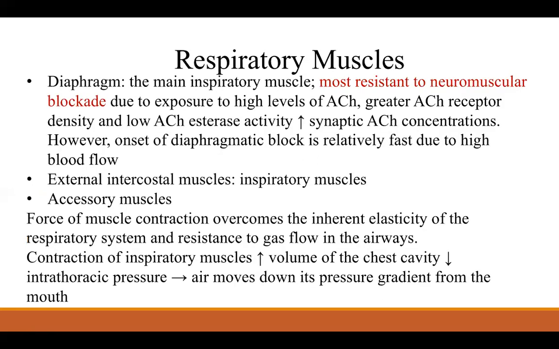Now let's talk about respiratory muscles. We have one important muscle that plays a major role in respiration, that is the diaphragm.